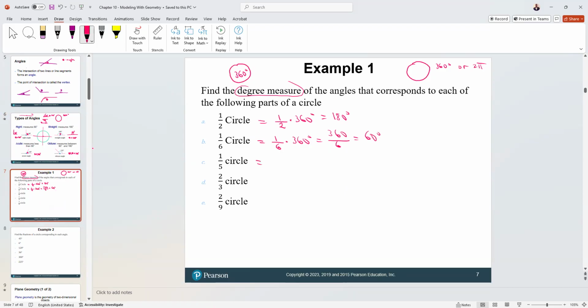If you have 1/5 of a circle, just multiply 360 divided by 5. If I divide 360 by 5 for 1/5 of a circle, I'm going to find 72.